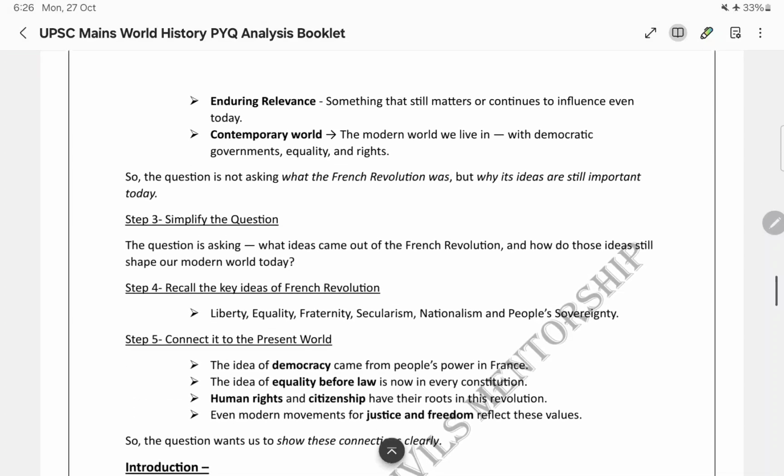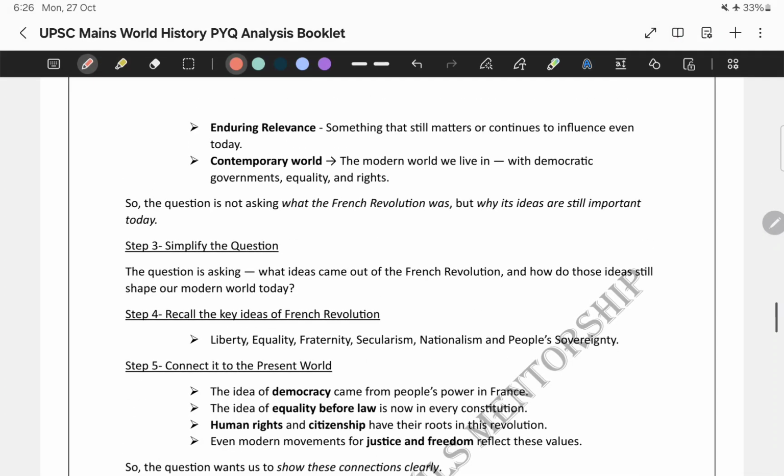Now let's move on to the third keyword. What is the third keyword? Enduring relevance. What does this mean? Something that still matters or continues to influence us even today. That means the significance or the influence of the things that happened during that time still matters to us today as well.